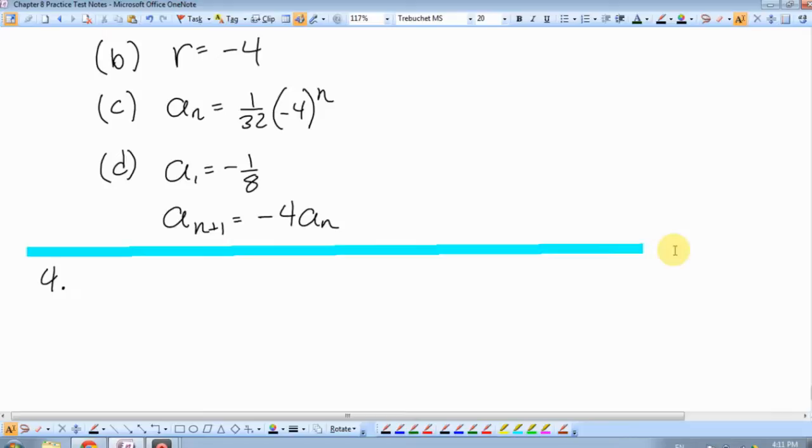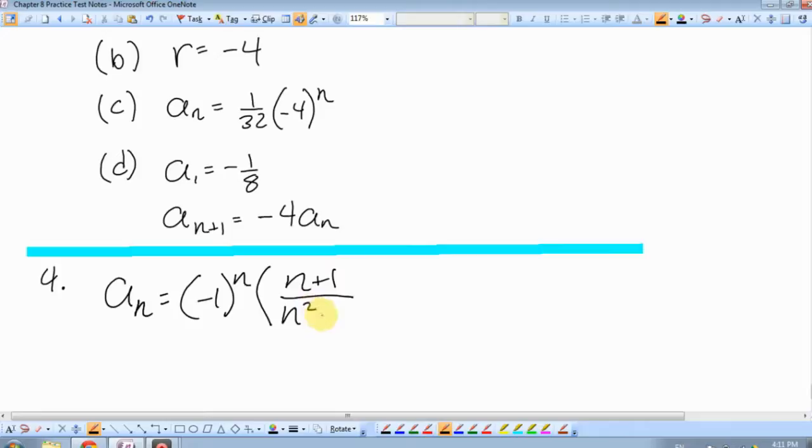Okay, so number 4. We have the sequence, and I think what we're going to want to do is write out the first few terms. So a_n equals (-1)^n times (n plus 1) over (n squared plus 2).